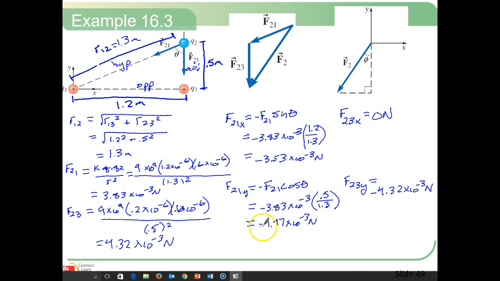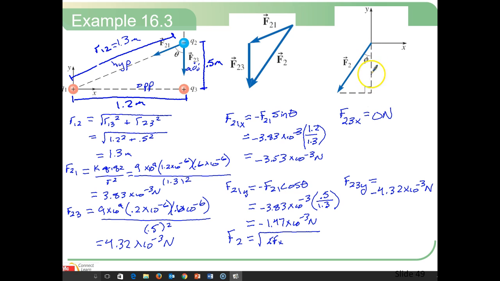All right, so now that we've done those things, we need to go back and find out what is now the force on line number 2. So that's this right here. We want to find out what is the combined force between the two. To do that, we use the following: this is equal to the square root of the sum of the forces in the x direction squared plus the sum of the forces in the y direction squared.